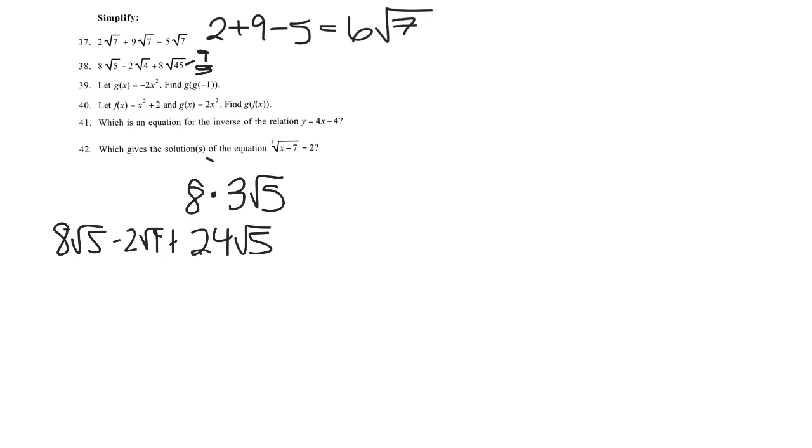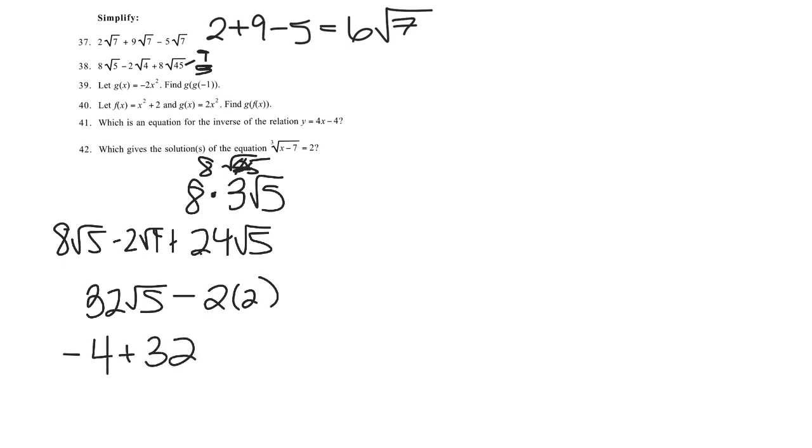And 8 plus 24 is 32 radical 5 minus 2. Well, radical 4 is just 2, so 2 times 2. And so I'm going to put that in front, negative 4 plus 32 radical 5. So don't get fooled by having radicals in there if they can actually be done.